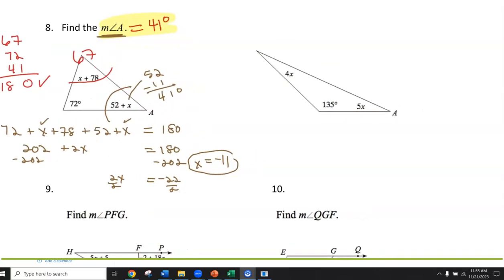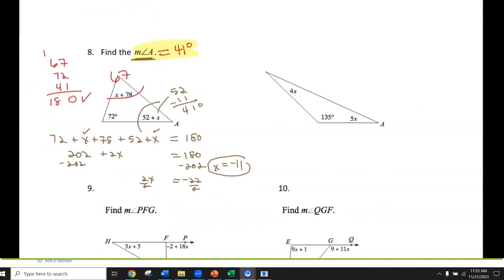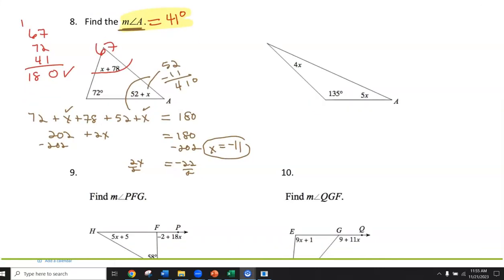Okay, look at this next one. I think for this one they want us to find x. I didn't really tell you that very clearly. So what do you think you're going to do to set this up? I think what I would do is I would say 180 minus 135. That's 5, that's 4, that's 45.